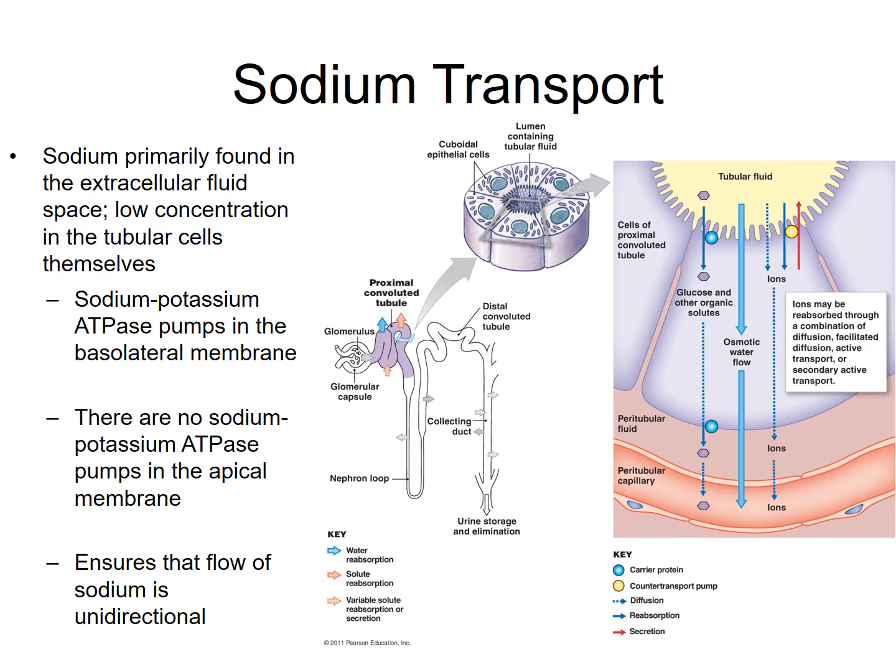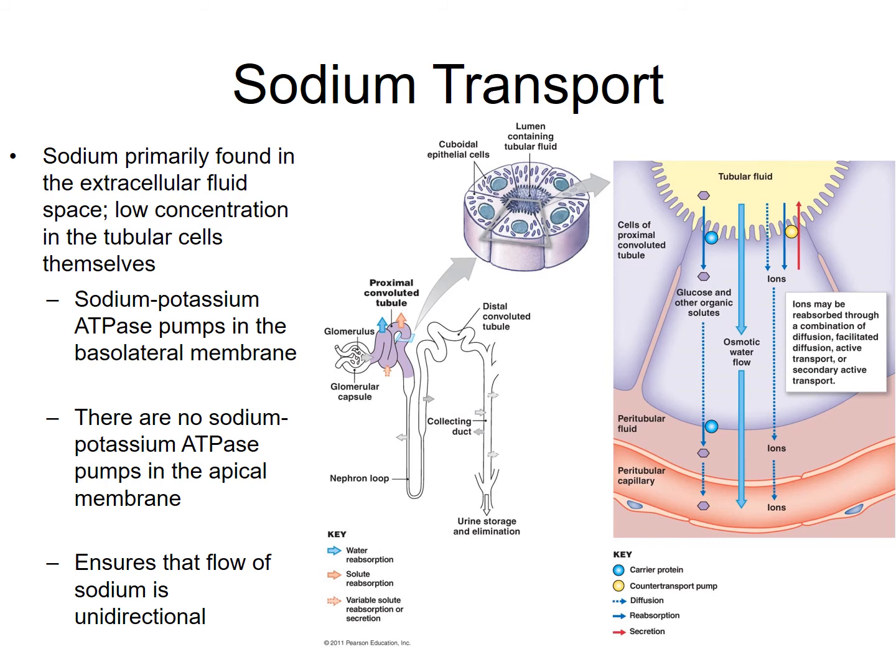What this means is that there's going to be a higher concentration of sodium in the tubular fluid, which you see at the top of this diagram in yellow, and in the interstitial fluid that surrounds these cells, which is in that lighter pink, the peritubular fluid. There's a higher sodium concentration in these fluid spaces than there is in the actual cells, which are diagrammed here in purple.